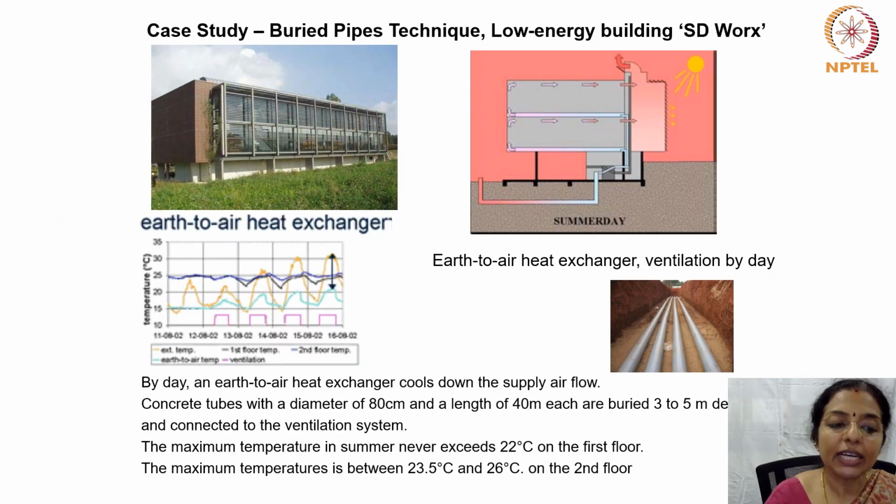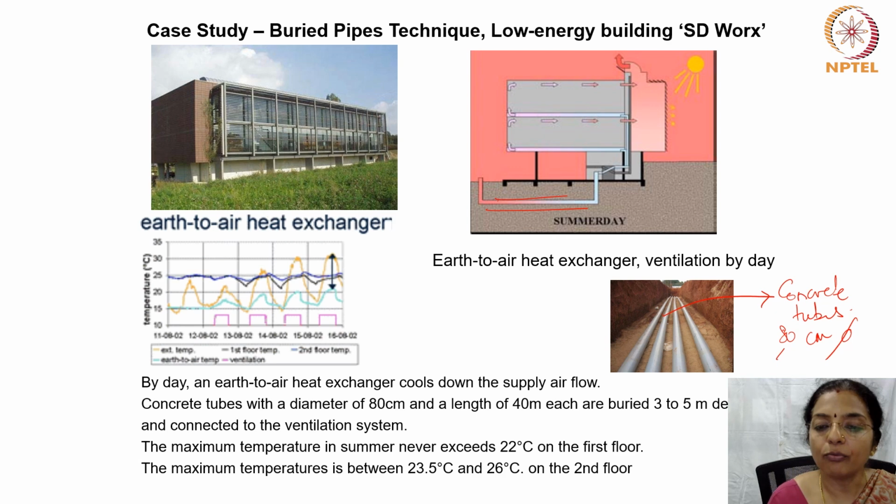We will quickly see one example of a buried pipe technique which is used in SD works. By day, the earth to air heat exchanger cools down the supply airflow. These are concrete tubes with 80 centimeter diameter and 40 meters length.